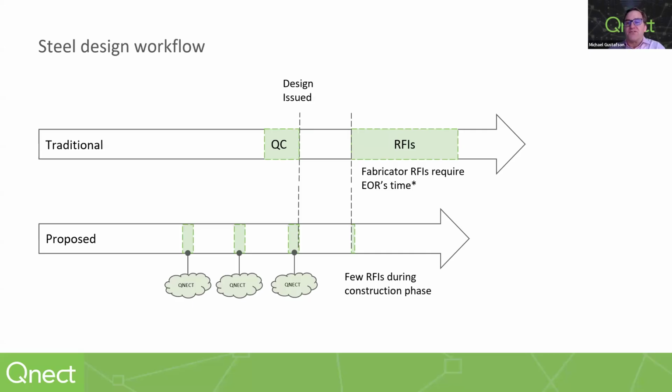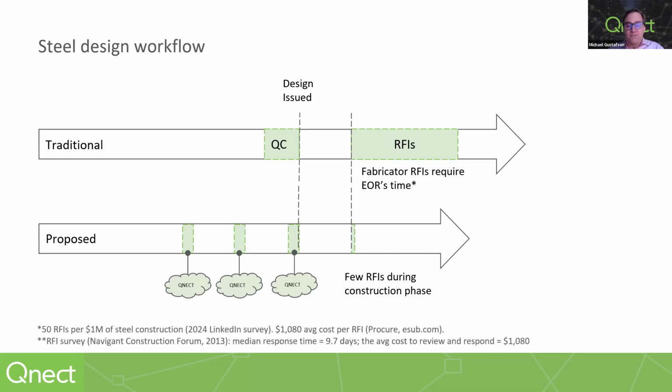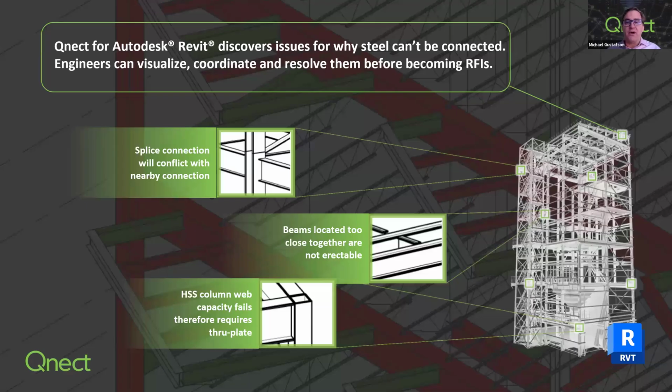So the goal is to streamline this process and give you, as an engineer, more time back during the delivery process. Some of the surveys out there say that a typical RFI takes 10 days to go through the whole process. It's over $1,000 an RFI. All of this impacts your bottom line.